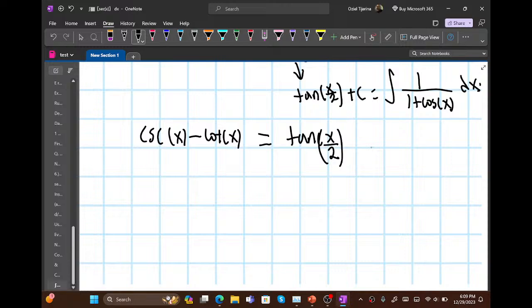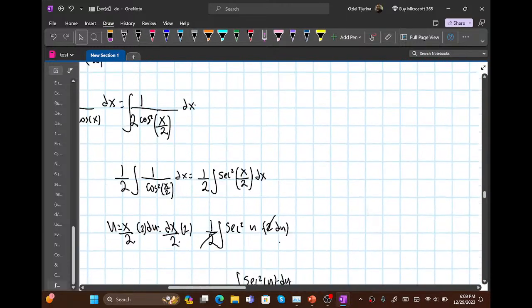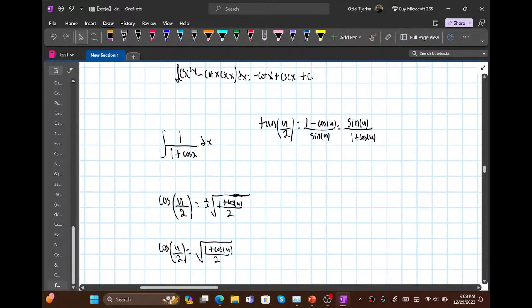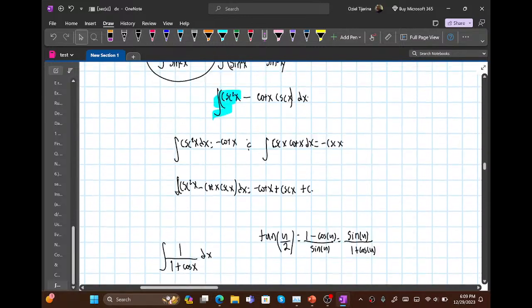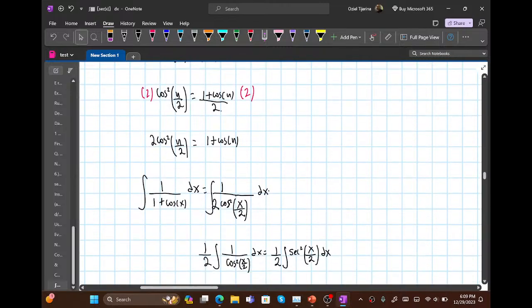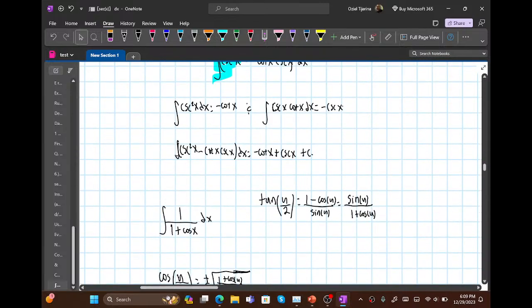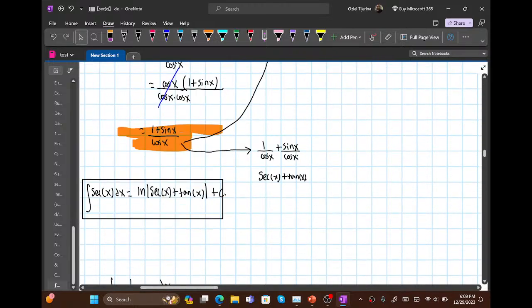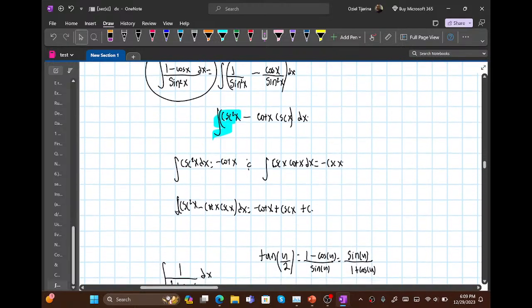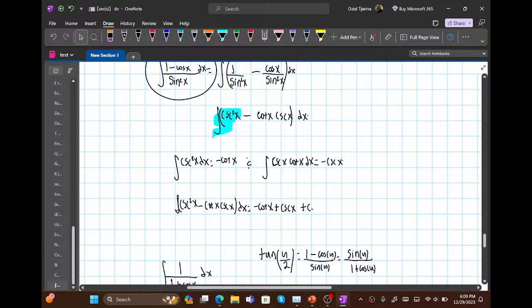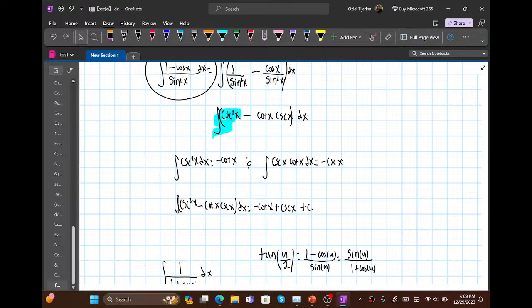Wait a minute. Are you sure it wasn't... I'm sorry. Wait, I thought it was cosecant x minus cotangent x equals tan x over 2.